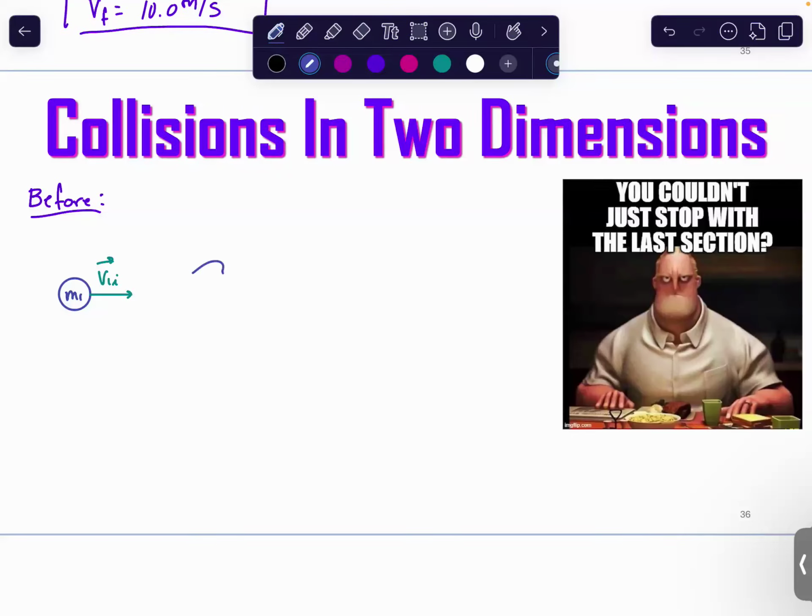And we have mass 2 just sitting still. Then they hit each other.